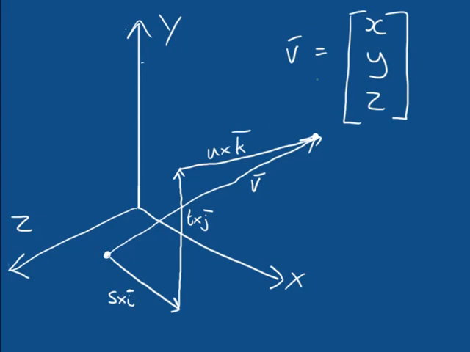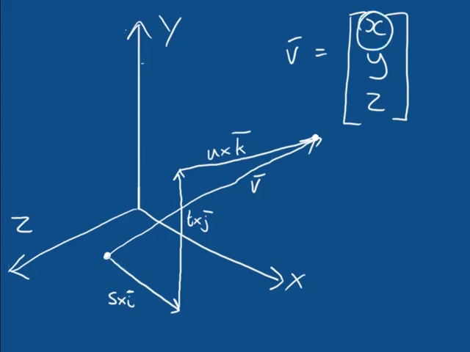So logically, if we travel x units in x, and here we have to travel s units in x, and s is equal to x, we could actually rewrite our vector multiplication here to take the x component of our vector v and write x times i. So we take this component, we multiply that by our Cartesian vector i, and that's going to tell us how far we need to travel in the x direction.